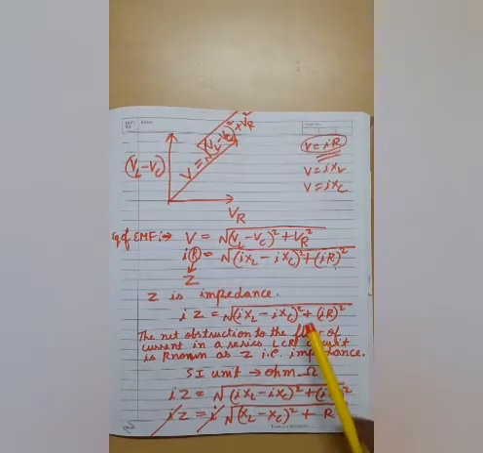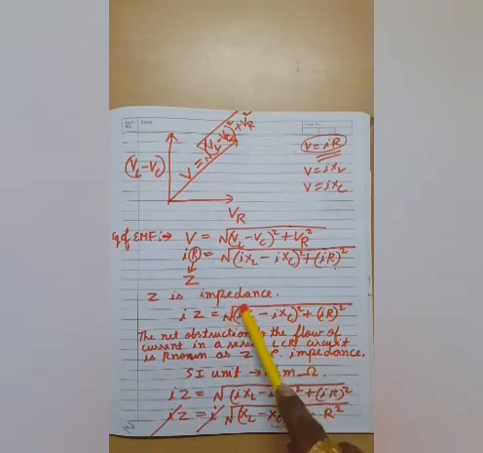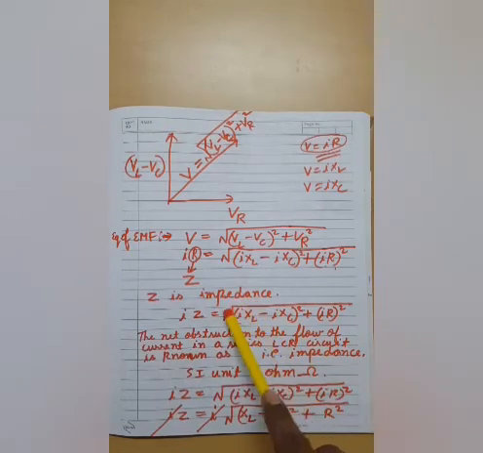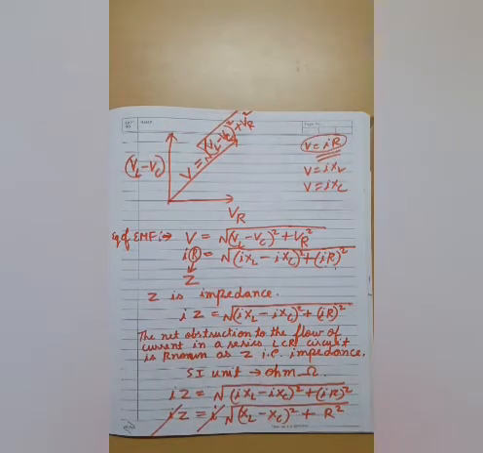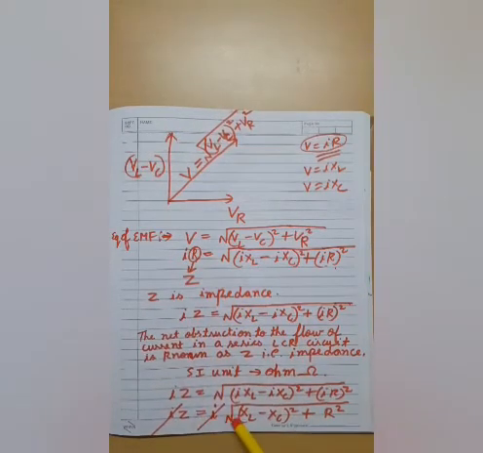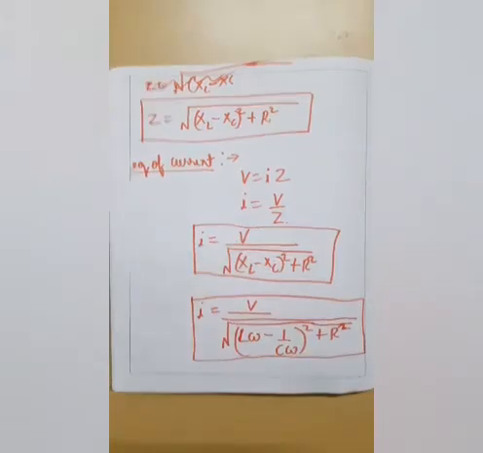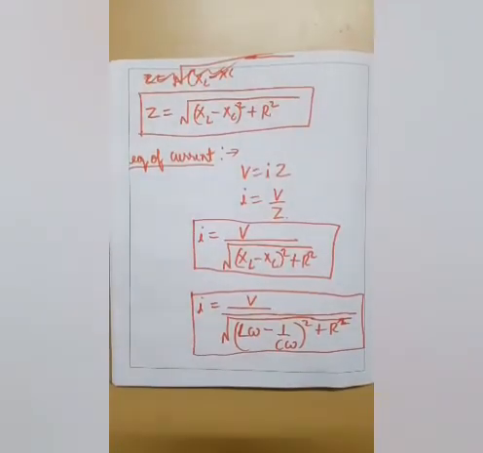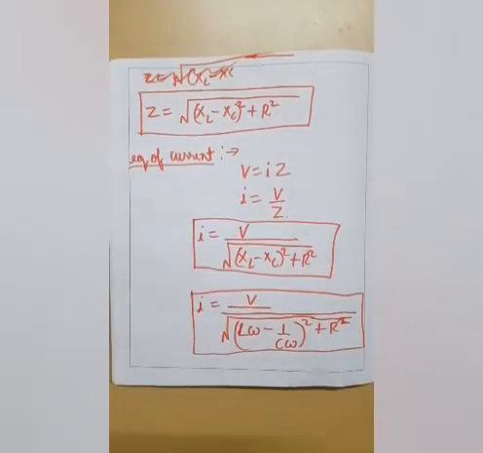Now if I take I common from all of these, and if I take that I outside the root, then this I would get cancelled out with this I. So I have cancelled both the I's, and finally we are left with the equation of impedance, which is under root XL minus XC whole square plus R square.